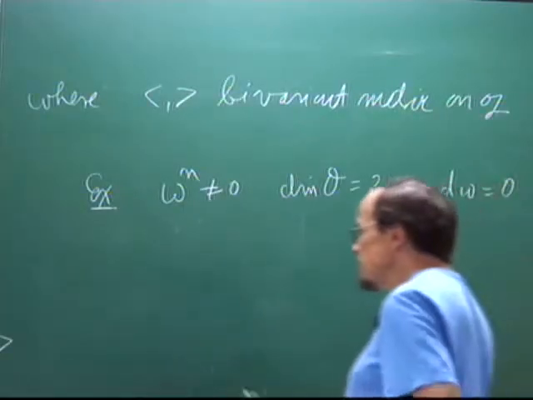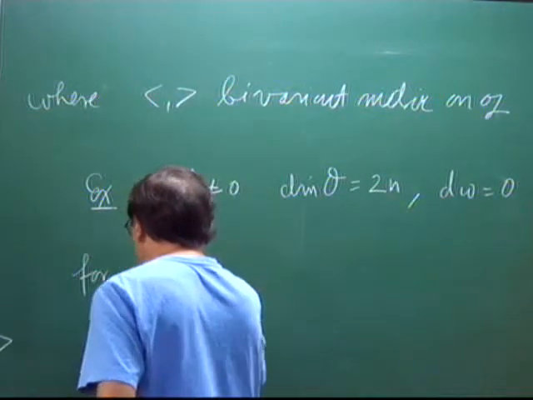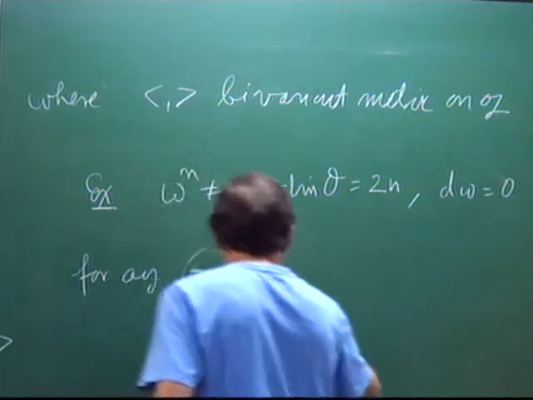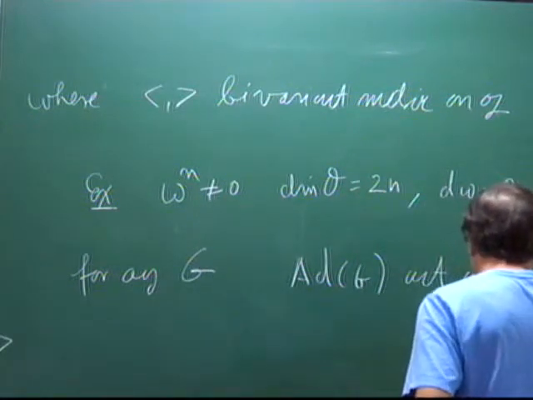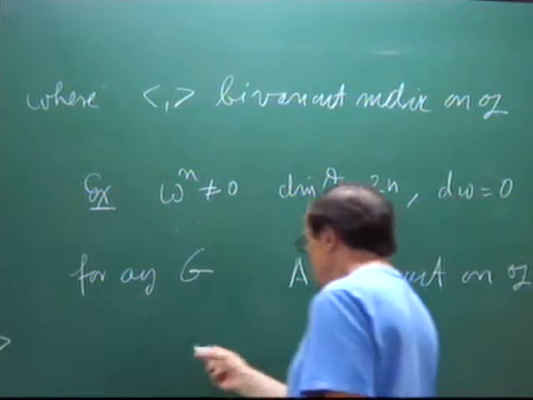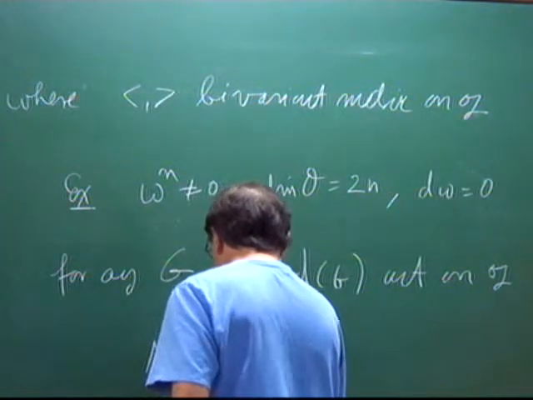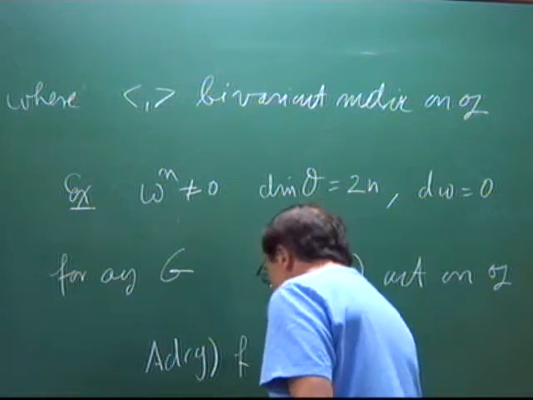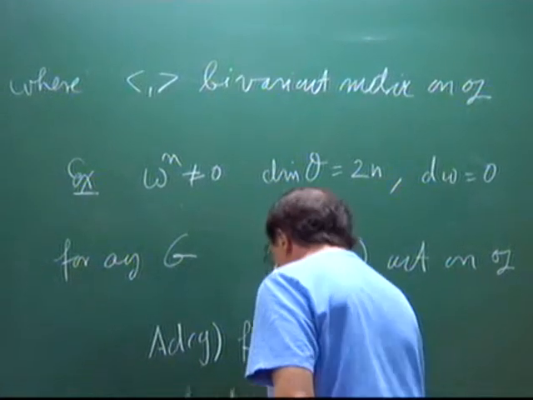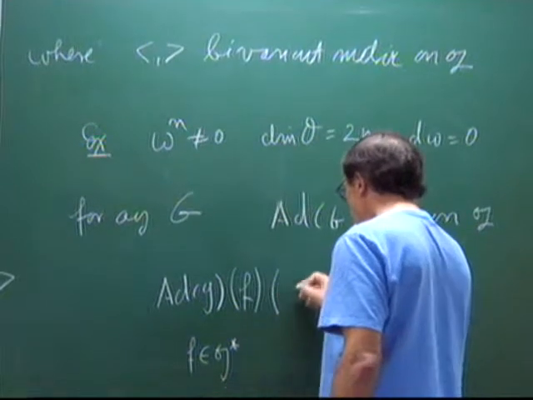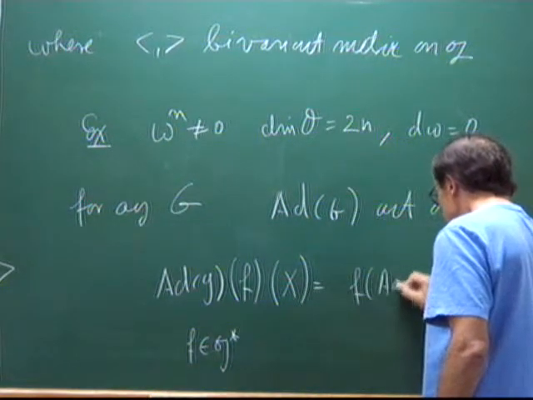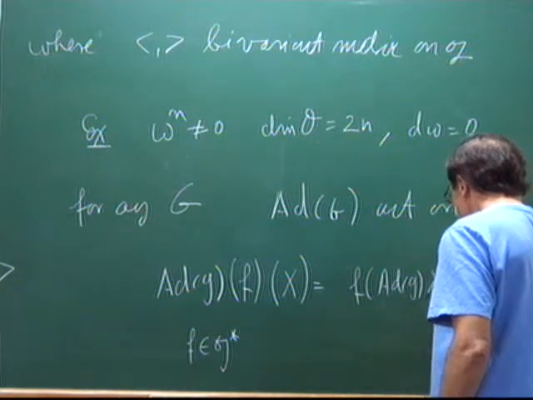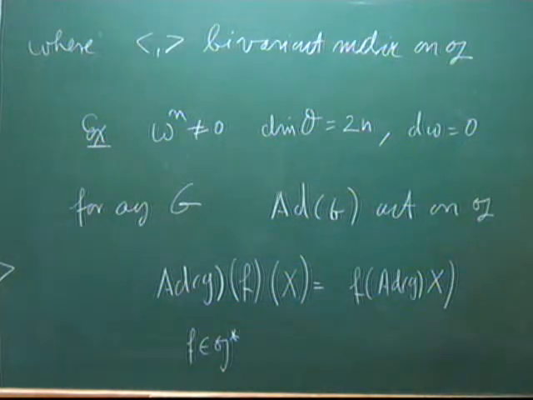Anyway, I can do this for any Lie group if I let Ad G act on the dual instead of on the Lie algebra. In the following sense: Ad_g of some functional must be another functional, so I apply it to some vector x. What should it be? Well, f of Ad_g x. Of course, it's the only natural thing to do. So there's a natural action of this on the dual of the Lie algebra.